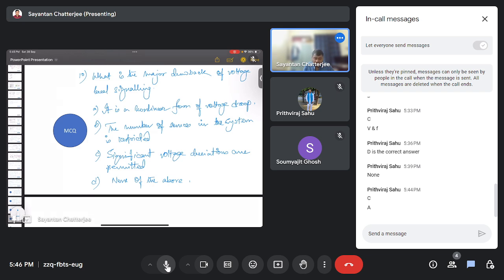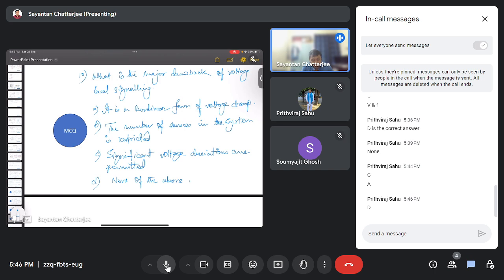A, it is a nonlinear form of voltage drop, is also not correct.